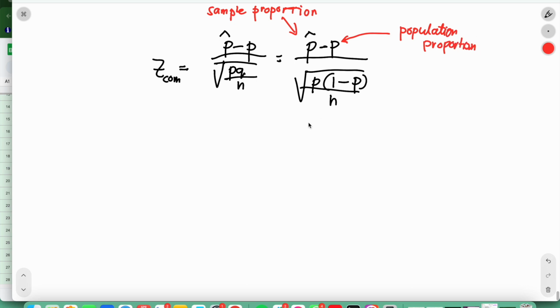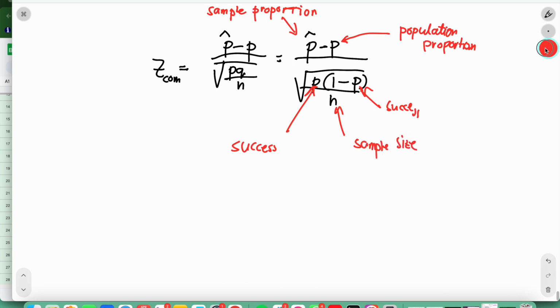However, when you go back here, this is a different p. The p here is the success, and q here is the failure. This p is the success, not the population proportion. And n here is the sample size.